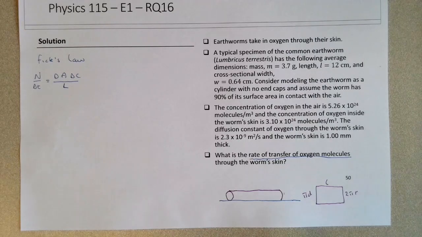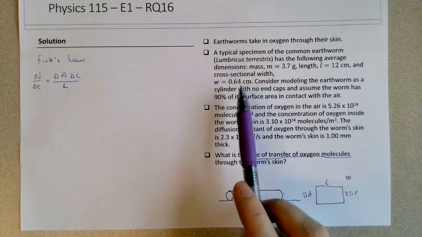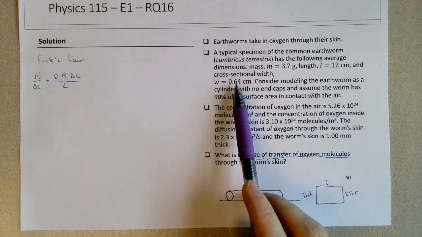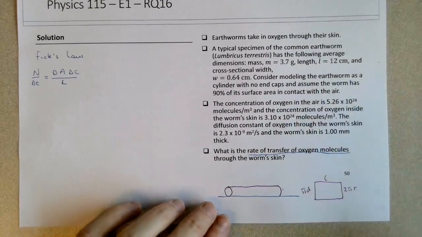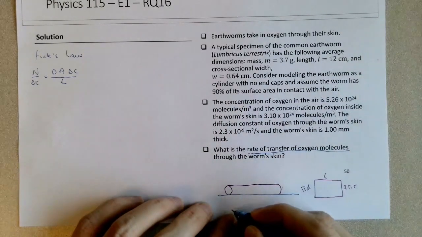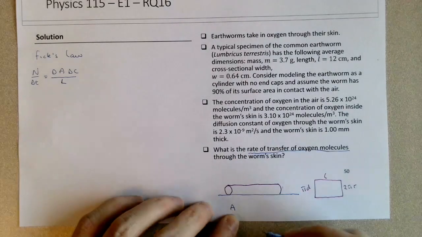So we have the width. You could use 2 pi r, or just use w, that's pi times d. So I'll do that down here, since we have a lot of quantities to place in our equation.